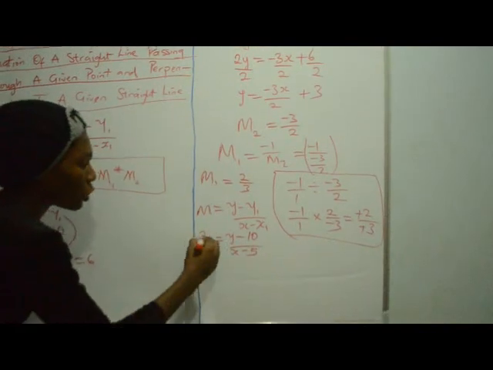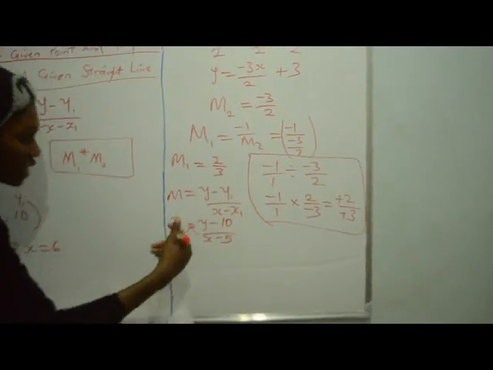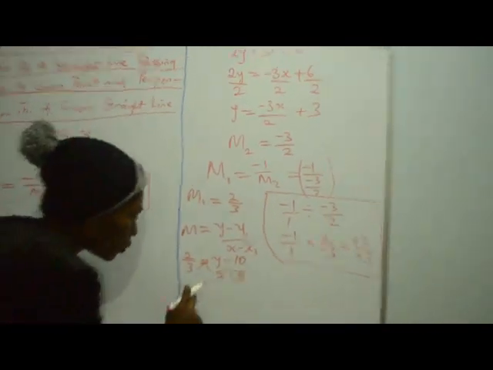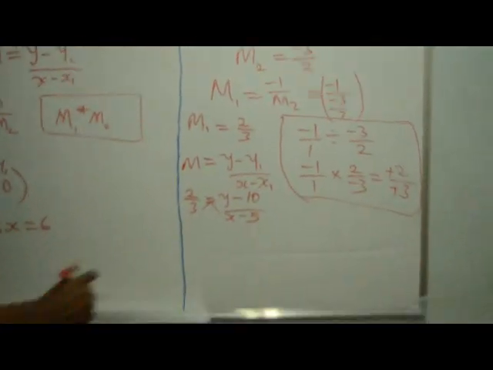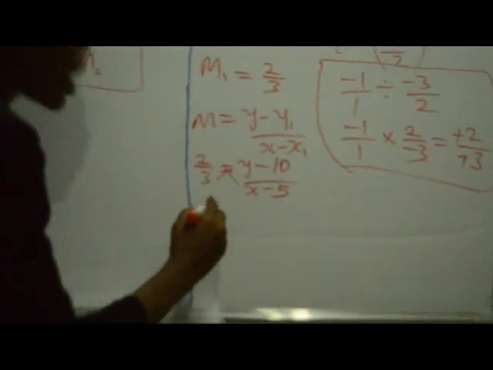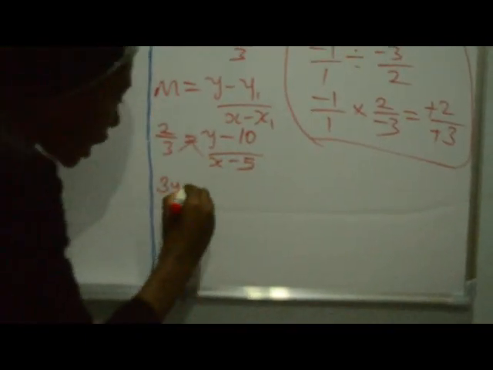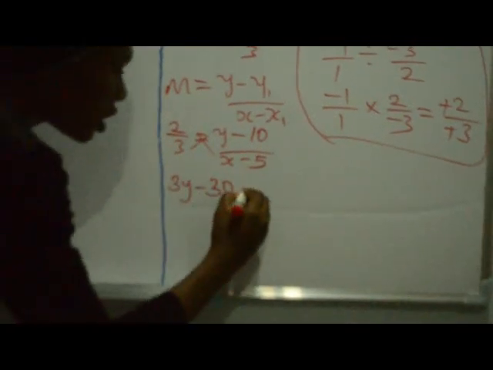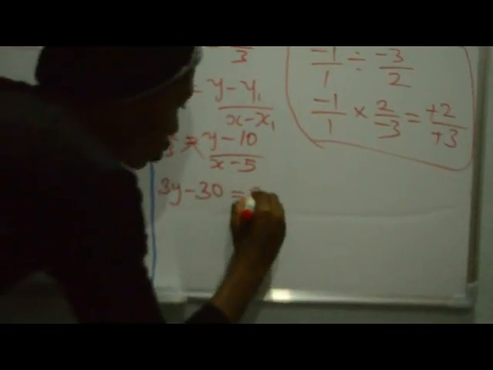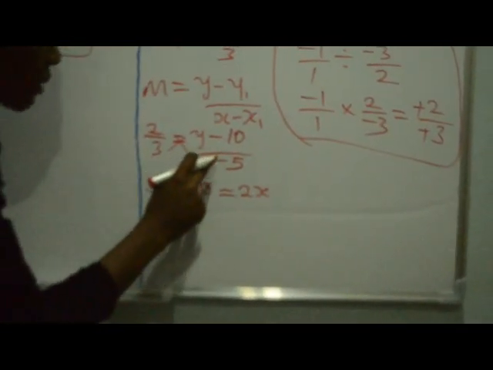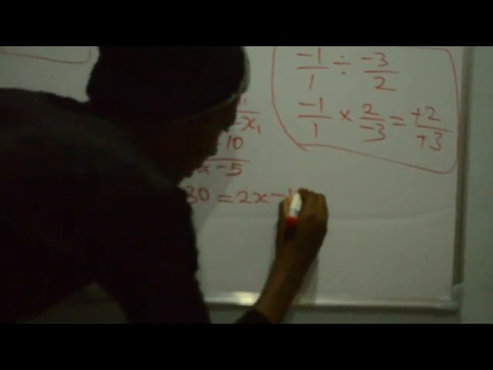So in the same manner, we cross multiply. Our y is coming first to fulfill that format, y is equal to mx plus c. So in cross multiplying, 3 times y will give us 3y, 3 times minus 10 will give us minus 30. Okay, 2 times x will give us 2x, and 2 times minus 5 will give us minus 10.